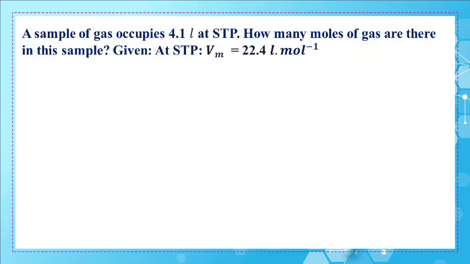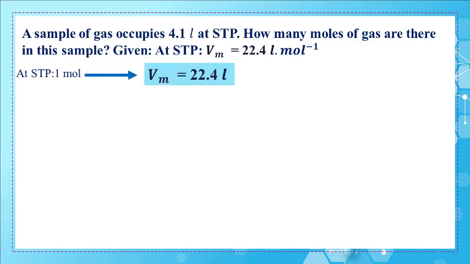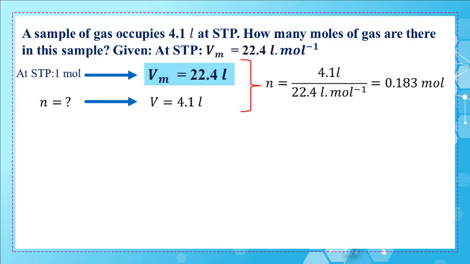A sample of a gas occupies 4.1 liters at STP. How many moles are there in this sample? At STP, each 1 mole occupies 22.4 liters. For a volume 4.1 liters, we can know the number of moles. n equals 4.1 over 22.4 equals 0.183 moles.